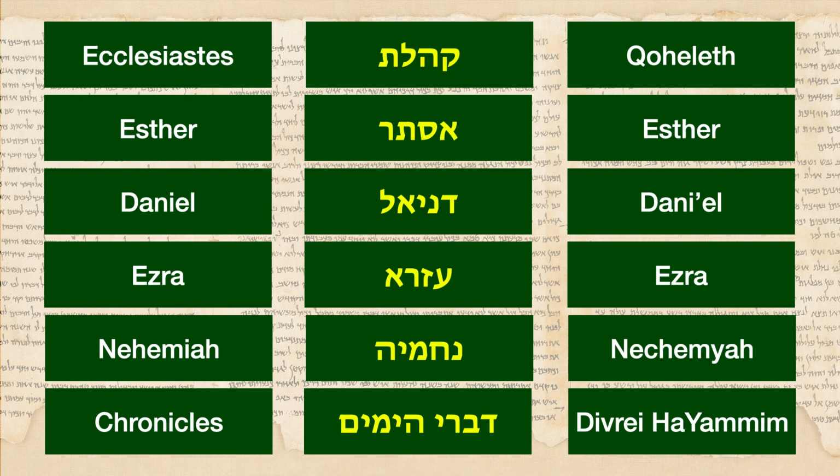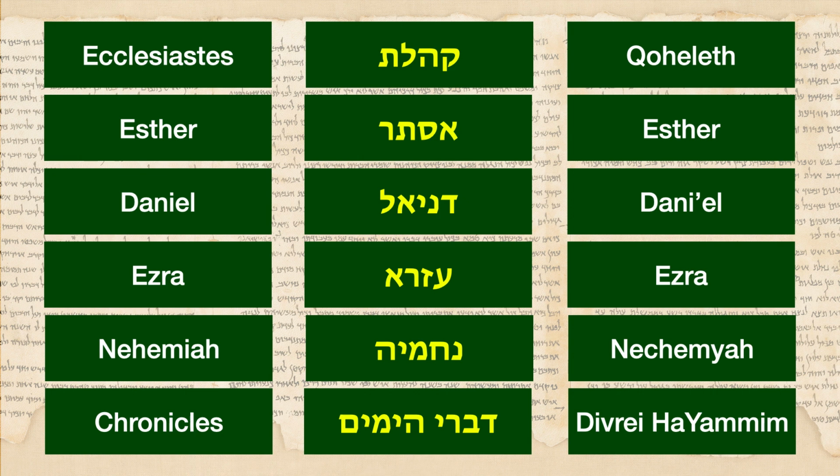Kohelet. Esther is Esther. Daniel is Daniel. Ezra is Ezra. Nehemiah, I'm sorry, I'm pronouncing Hebrew. Nehemiah in English is Nehemiah.